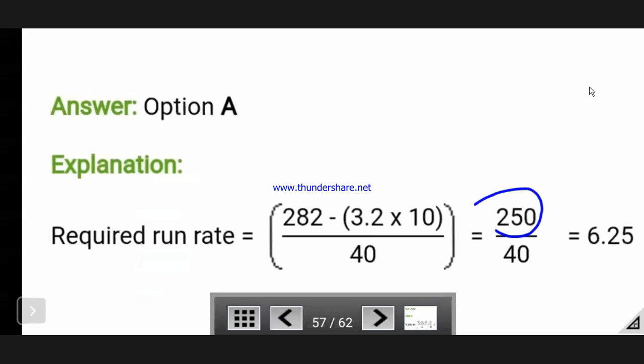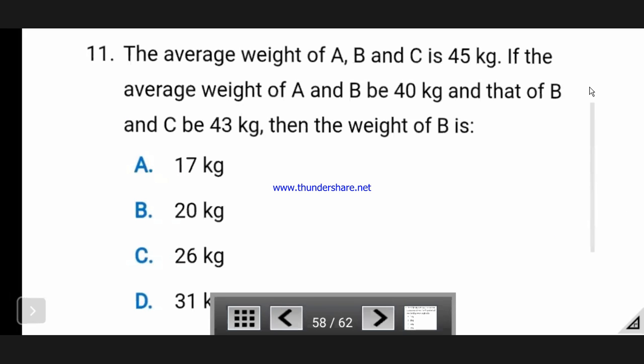That is 250 divided by 40, that is 6.25. Your answer is right. Try to do it by yourself.